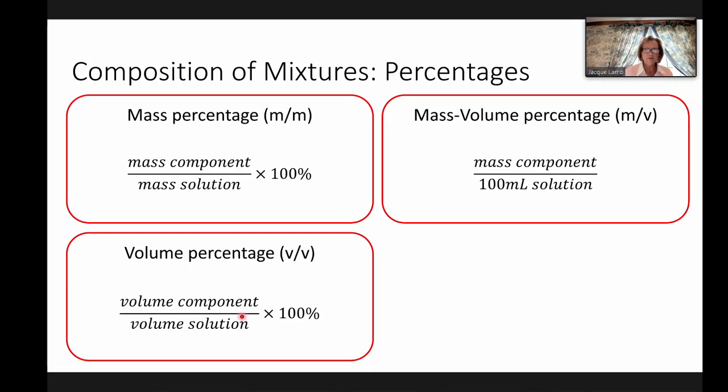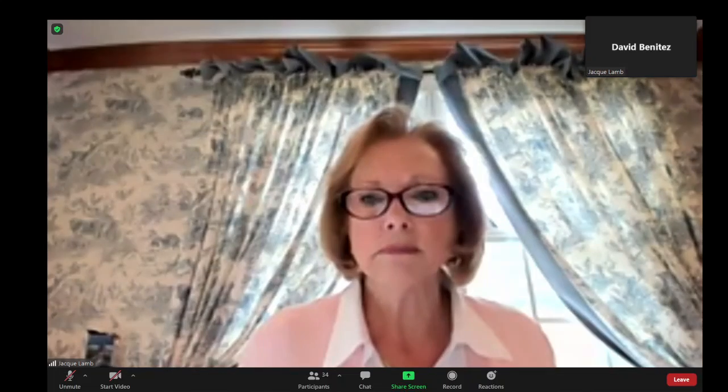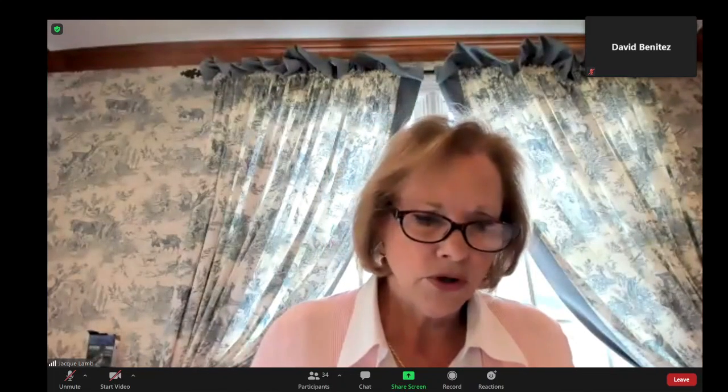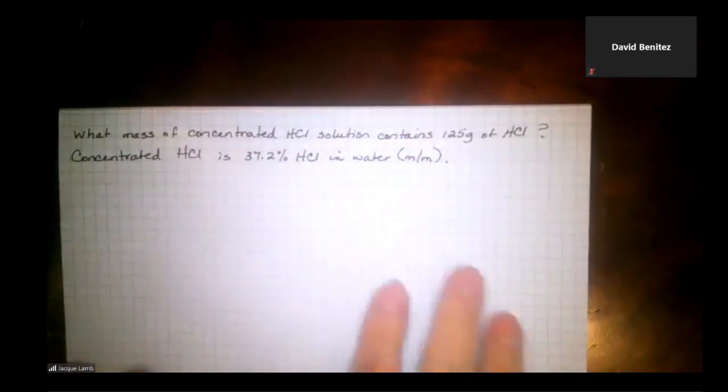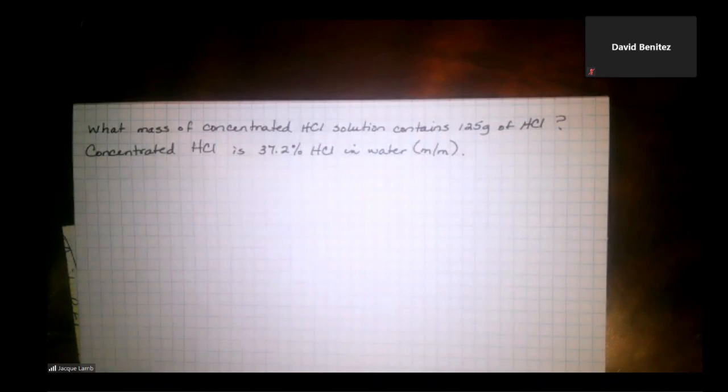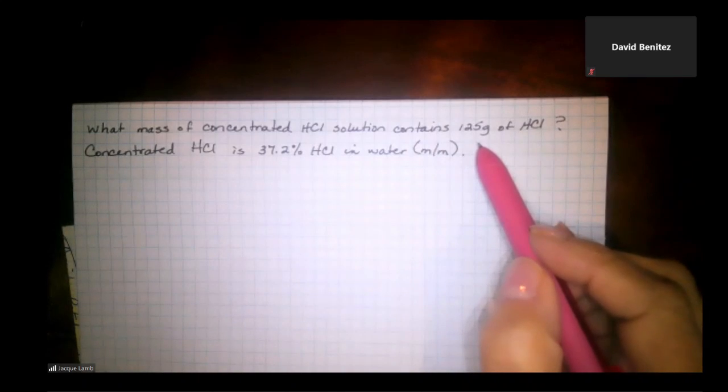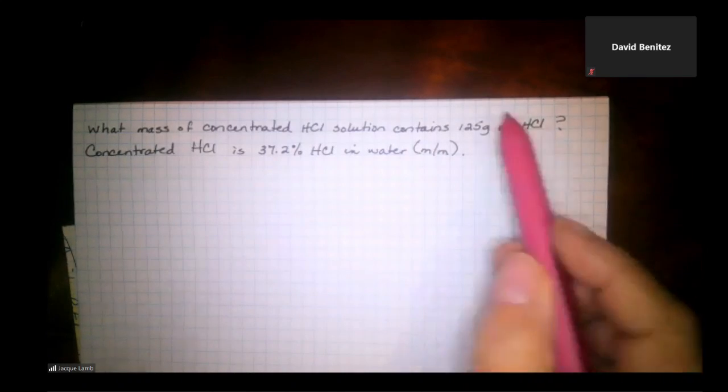So let me go back and say that we have a couple of sample problems that I'm going to show you. The first one is: what is the mass of concentrated HCl solution that contains 125 grams of HCl?